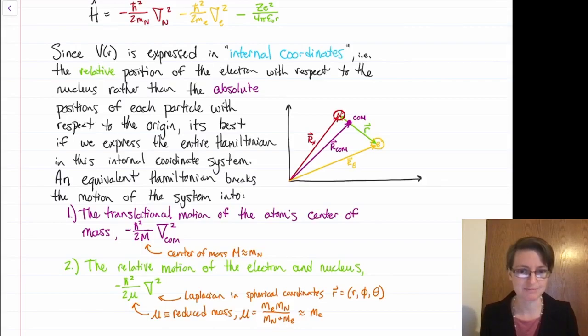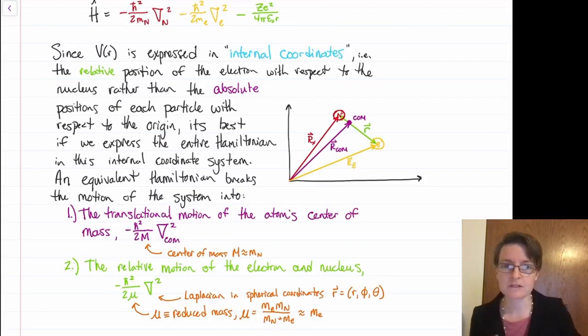Truly you could think about this electron with respect to its position around the nucleus. And then your mass, in this case, gets transformed into a reduced mass. That reduced mass is very close in this case to the mass of the electron.